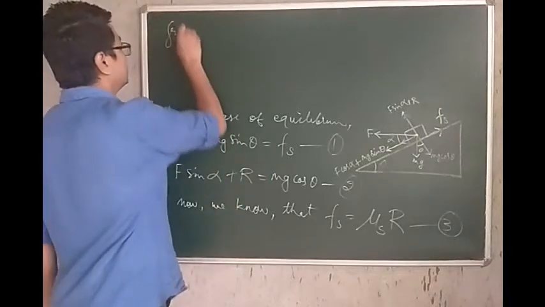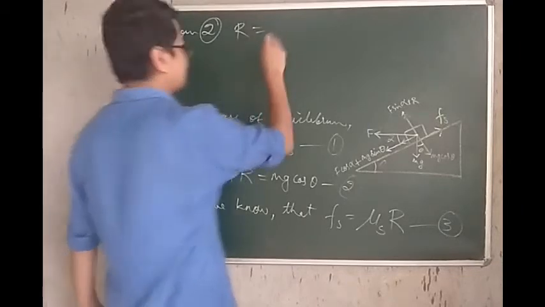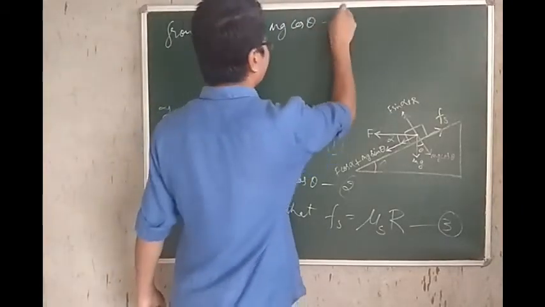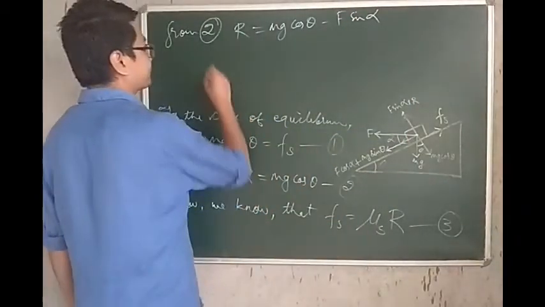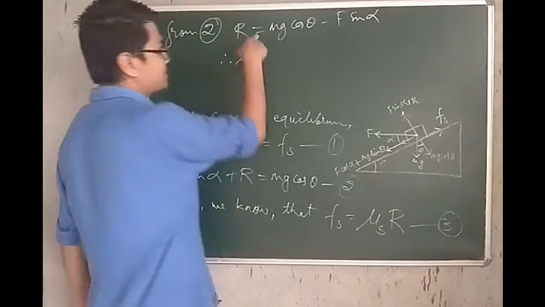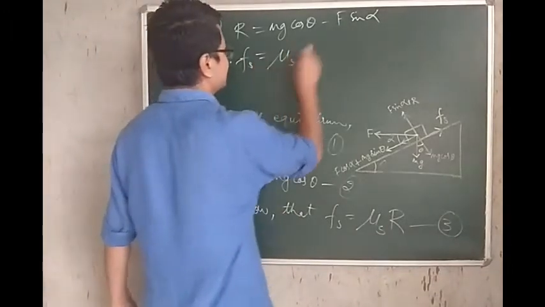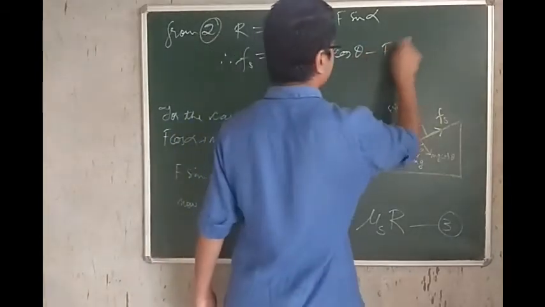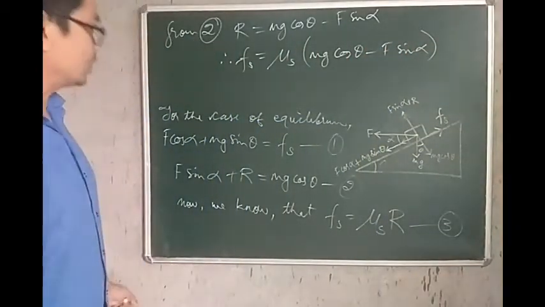From equation 2, R is equal to mg cos theta minus F sin alpha, and thereby, substituting this value of R in equation 2, we get F_s is equal to mu_s into (mg cos theta minus F sin alpha). So this is what we get.